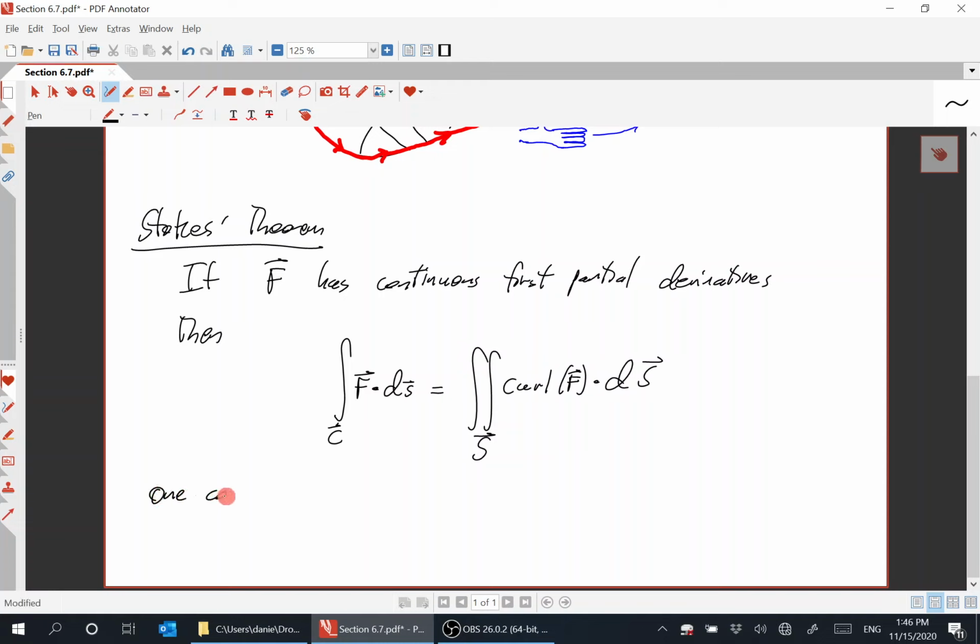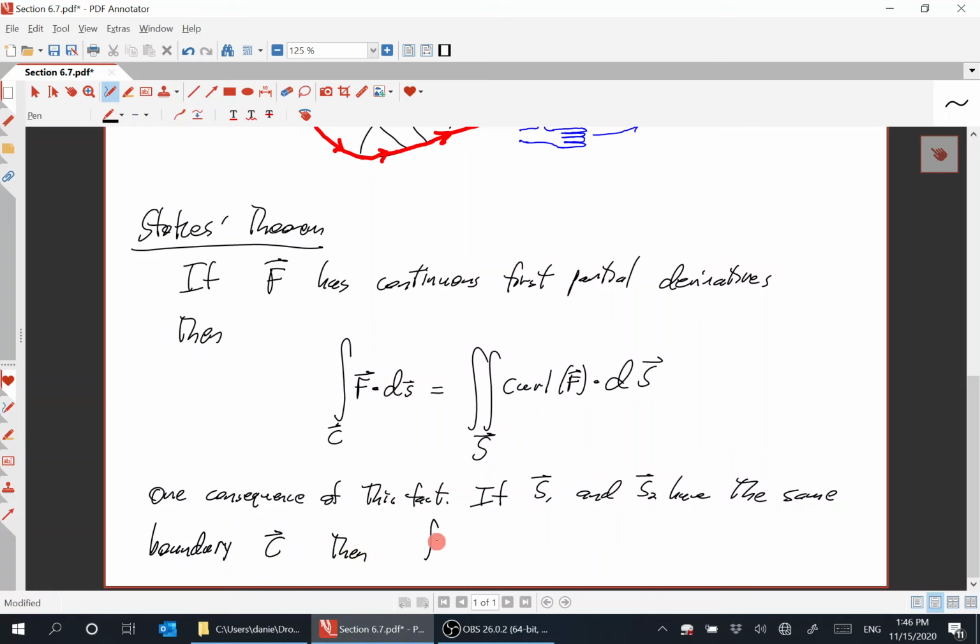One consequence of this fact: if S1 and S2 have the same boundary C, then the surface integral over S1 of the curl of F dot ds is equal to the surface integral over S2 of the curl of F dot ds.